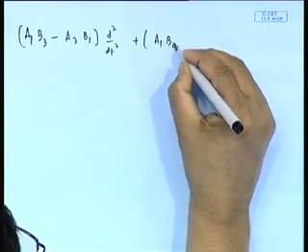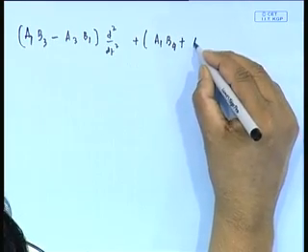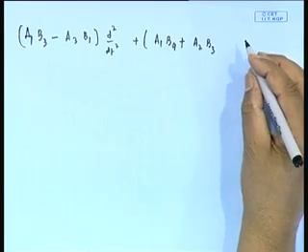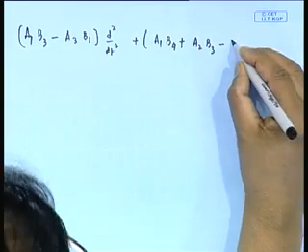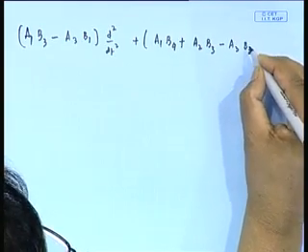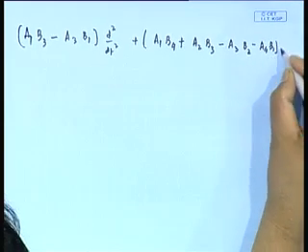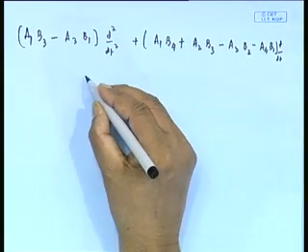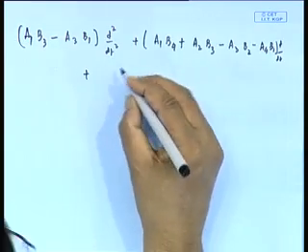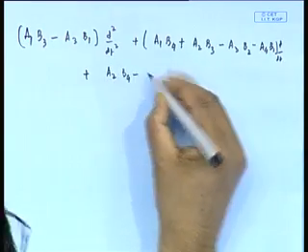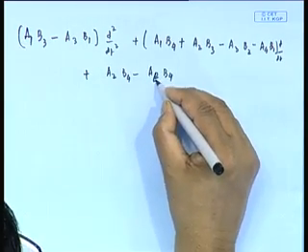A1 B4 plus A2 B3 minus A3 B2 minus A4 B1, that into d by dt, and finally we have plus A2 B4 minus A4 B2.